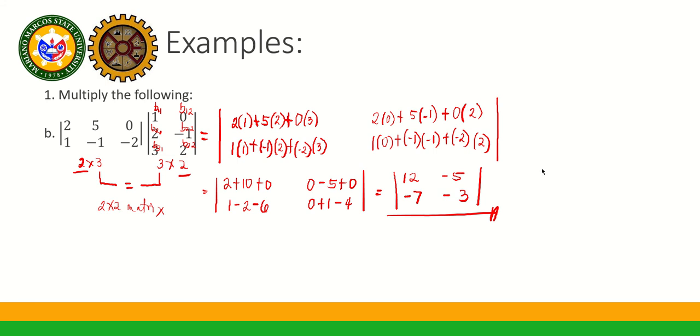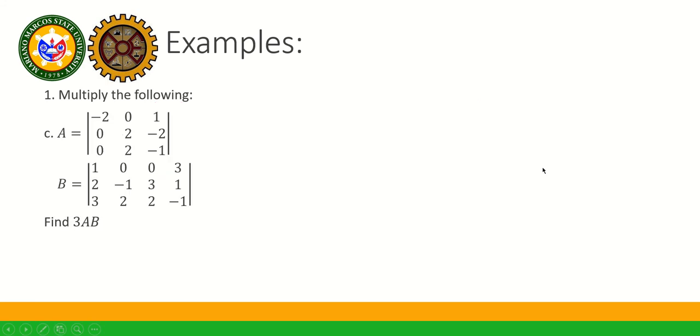Okay. So let's try another example. Multiply the following. And then find 3AB. So, una natin gagawin is to find muna si AB. Okay. So, A times B muna tayo. Matrix A and B. So, si matrix A natin is 3 by 3.